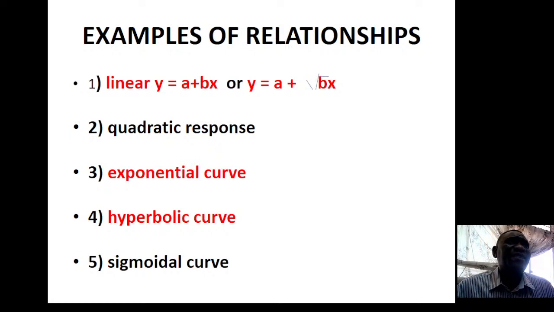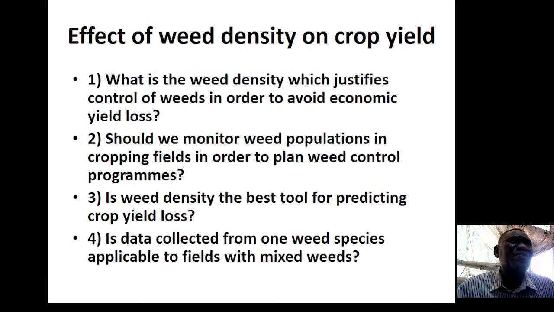So we're back to the relationships. Probably you now have an idea. Now the effect of weed density on crop yield. What is the density which justifies control of weeds in order to avoid economic yield loss? Do you think it's necessary to monitor weed populations in cropping fields in order to plan weed control programs?